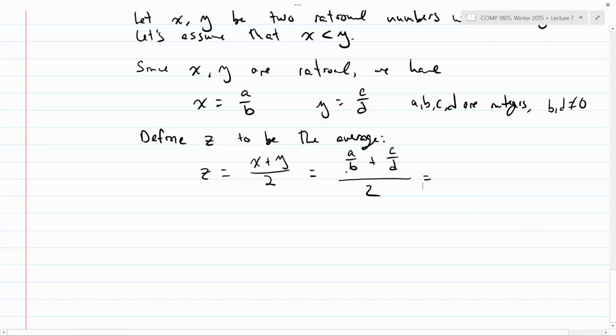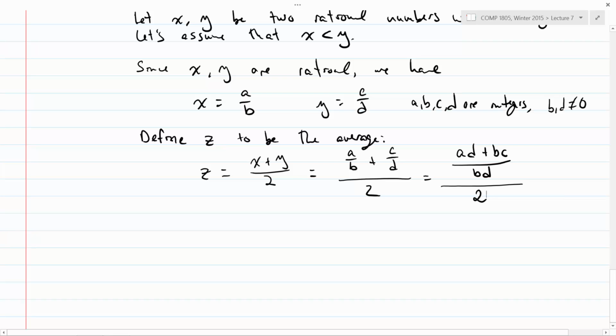All right, so we're adding two fractions that have different denominators. So what we have to do is find a common denominator, and the common denominator is BD, B times D. So what we get is AD plus BC over BD, and this is, again, still all over 2. Right?